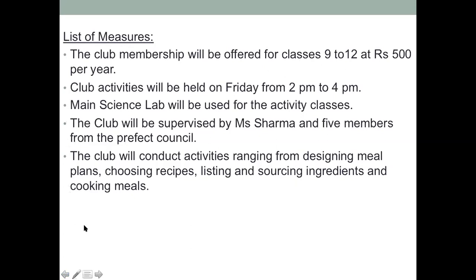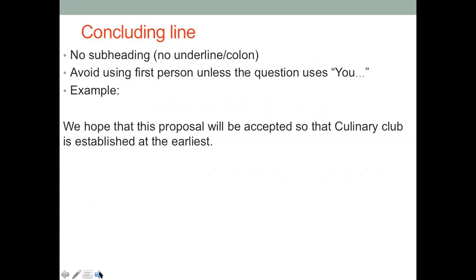So these are the basic things that you have to cover in list of measures. If you miss out on any of these points, your list of measures will be incomplete, because in order to get permission, you need to inform the authorities of the basic idea, of the basic resources that you will need and who is it for. So that will look into your list of measures, which is for 4 marks.